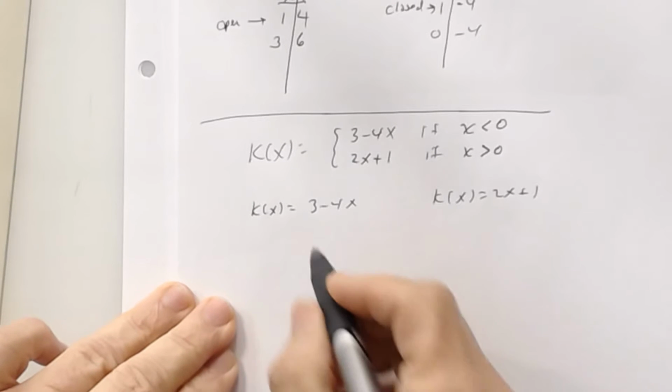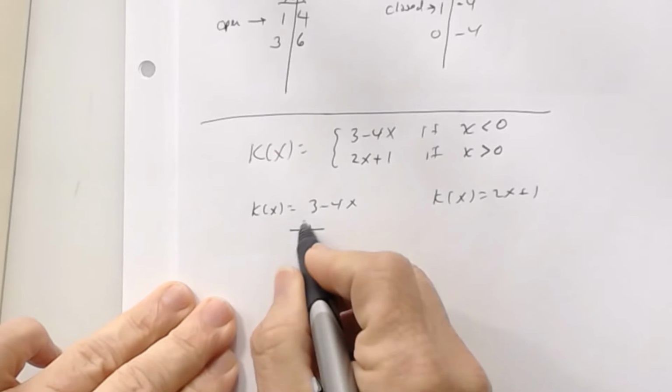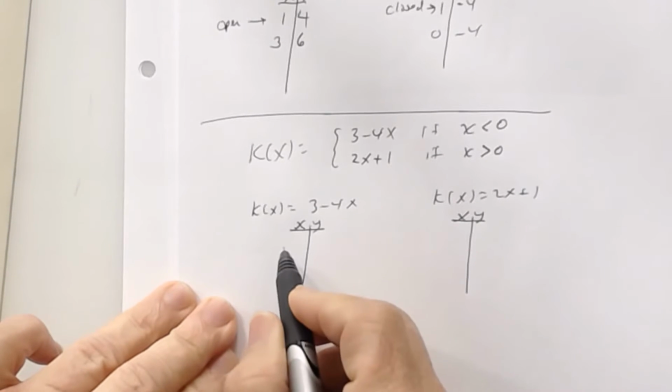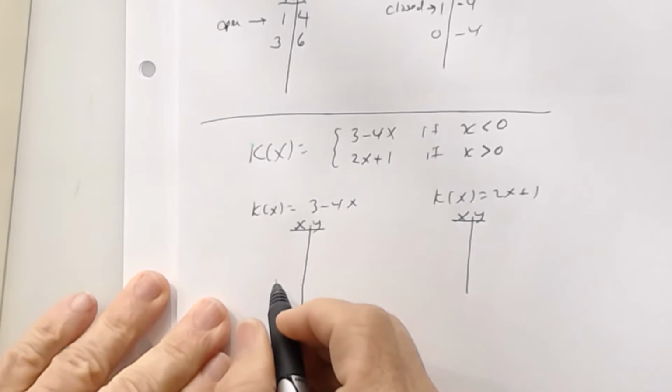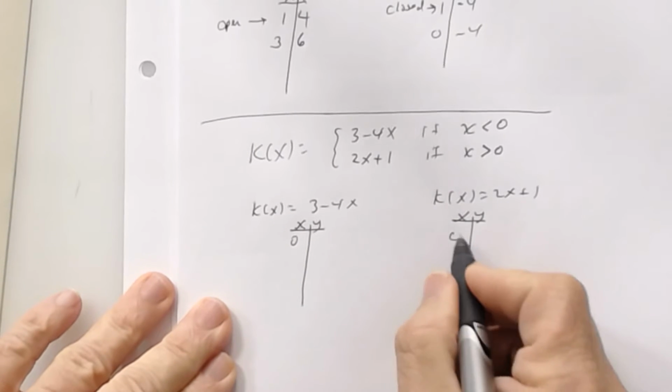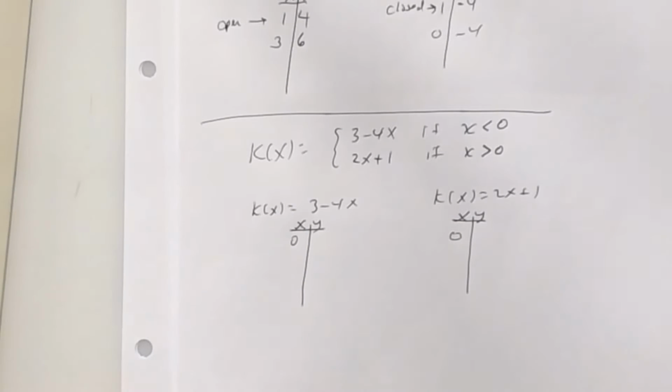And then I use my t-table. In both of these situations, I have to use what number for x? 0. In fact, in both of them, will both be open, will both be closed, will one be open, will one be closed? Both will be open because there's no equal sign here.